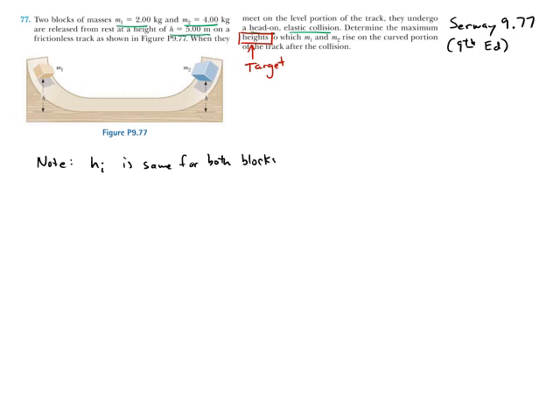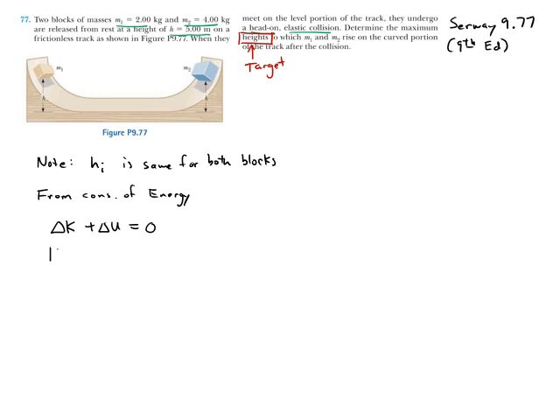And why is that important? Because that means that at the bottom, the speed of the two masses will be the same. Because from conservation of energy, let's apply conservation of energy to, let's say, mass 1. We have delta K plus delta U is equal to 0, assuming that there's no friction or non-conservative forces acting on the block.